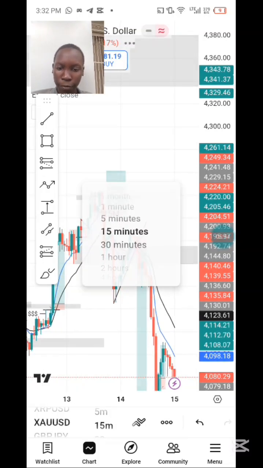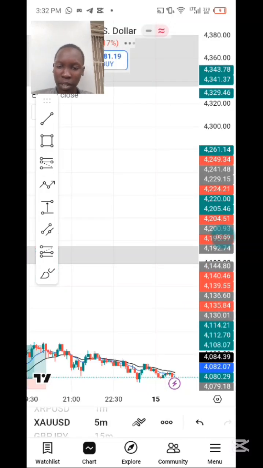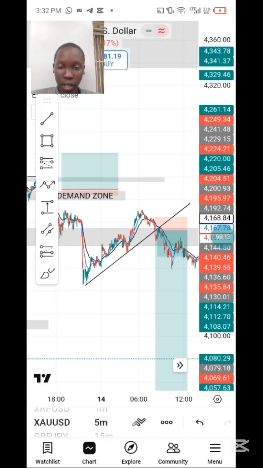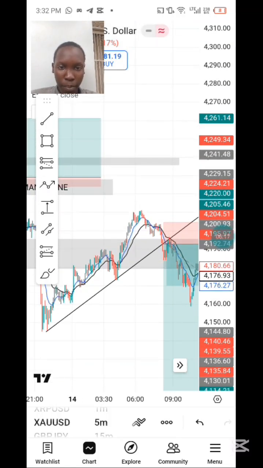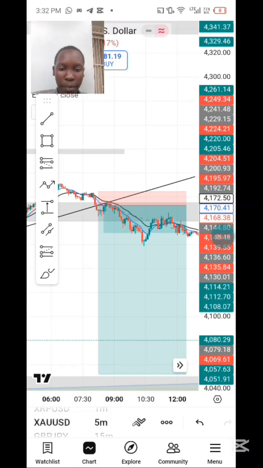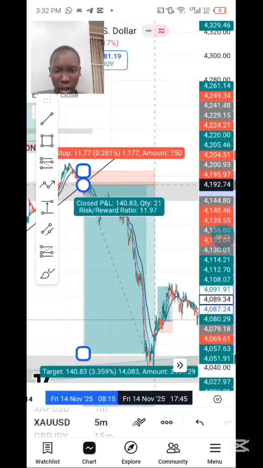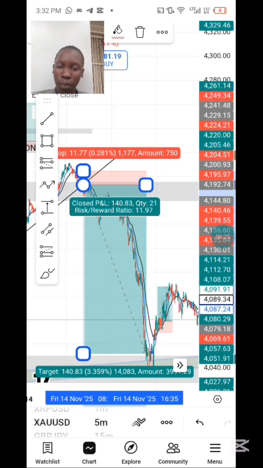Then I went to the 5 minutes or the 15 minutes, and it can really work. After you go to the 5 minutes, see the consolidation, then enter after the breakout like I did. And here I caught about 1,400 pips, simple like this. This was like a 1 to 11 risk to reward.